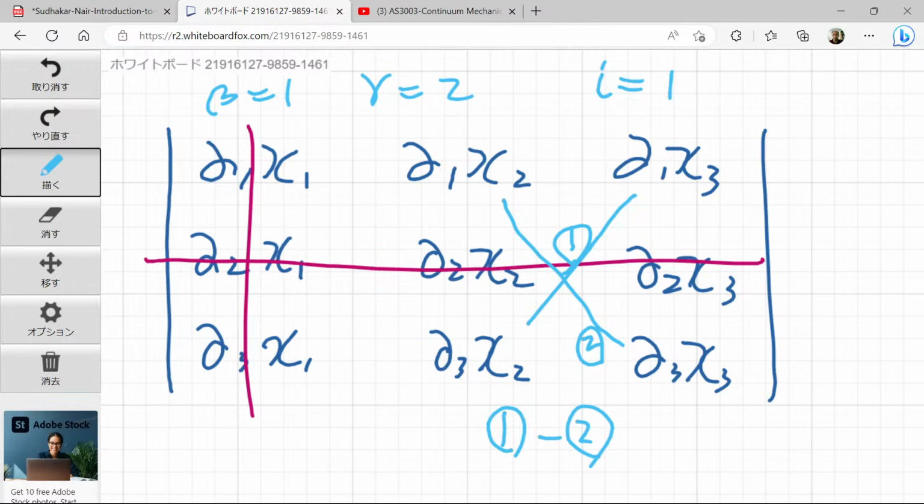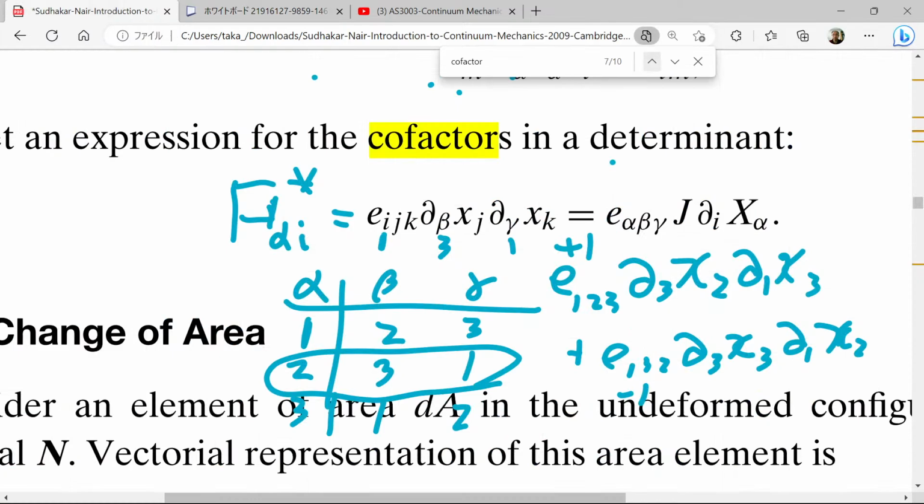Okay, this is okay. 1 minus 2. Strange. IJK. 1, 2, 3.